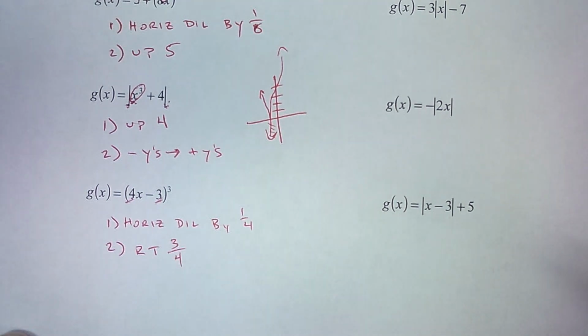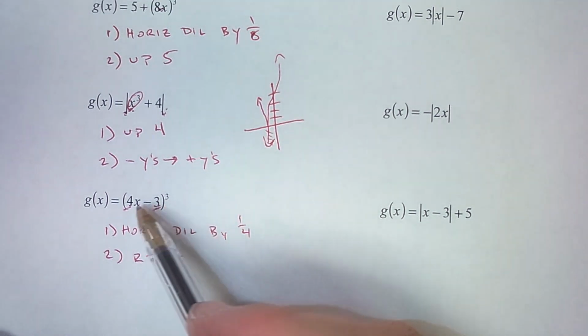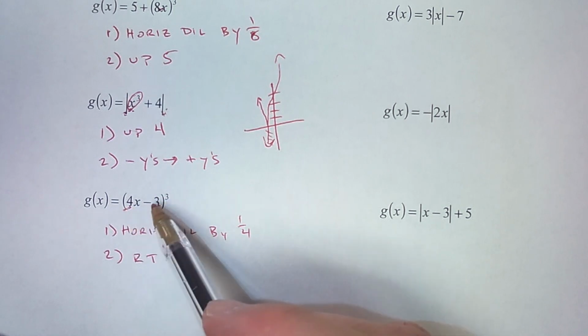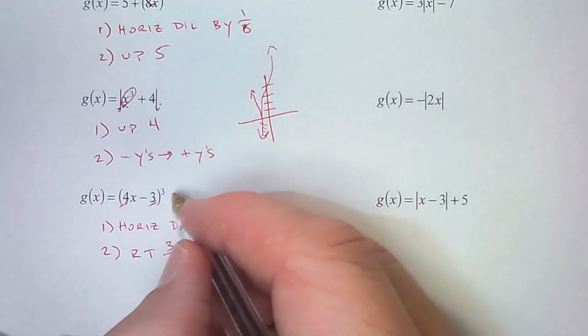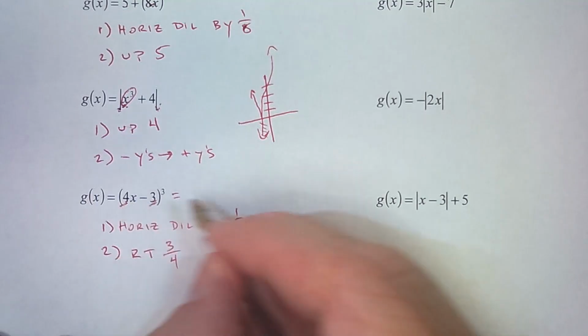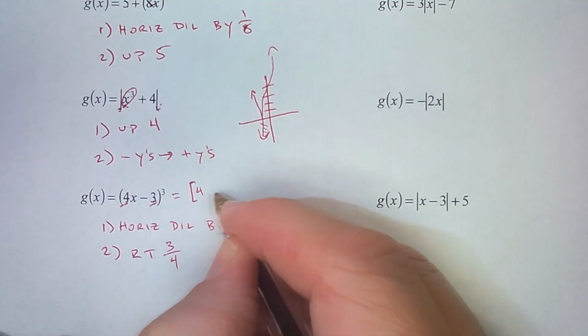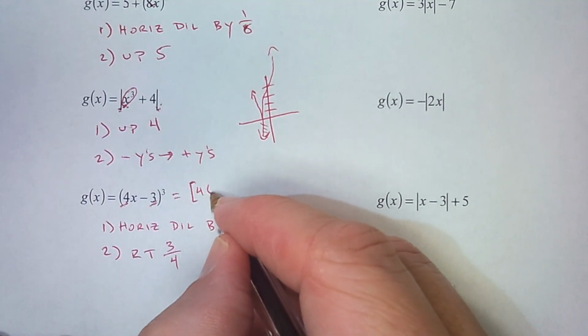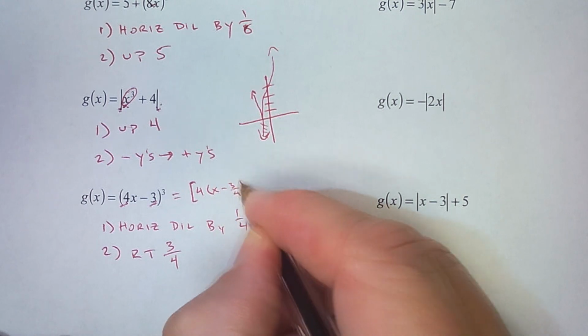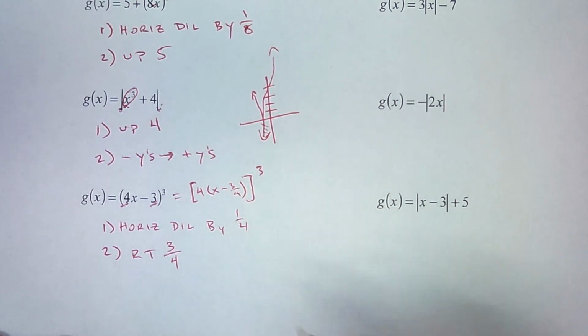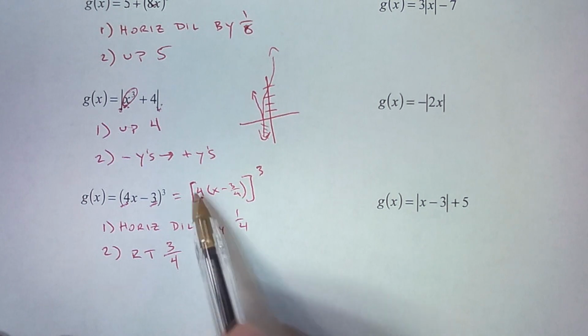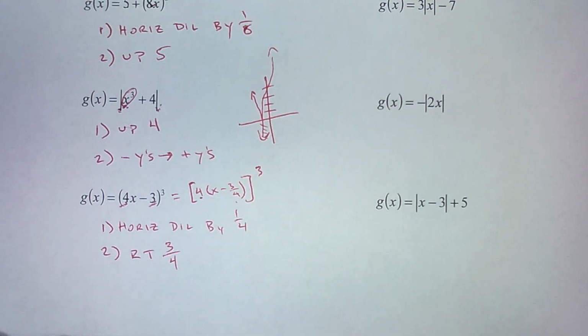Anytime you have a horizontal dilation and translation, you have to do that division. It's basically like we're factoring out this 4. So it's 4 parentheses x minus 3/4 cubed. Okay, so there's our horizontal dilation, and there is our translation.